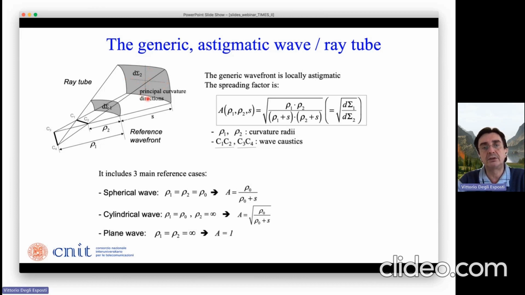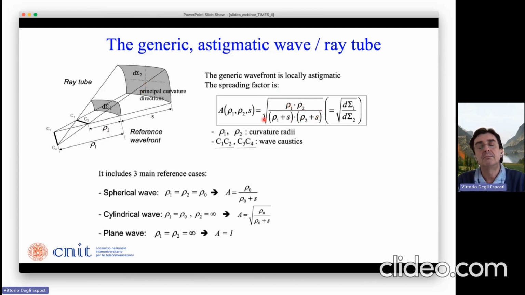And for each curvature, we have a radius of curvature, rho 1 and rho 2, or rho 1 plus s and rho 2 plus s for the curvature at the second surface. In this case, it can be shown that the spreading factor is a function of the radii of curvature, rho 1 and rho 2, and of the excess distance.